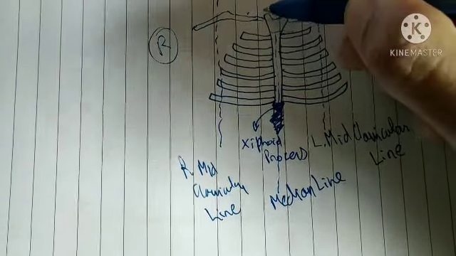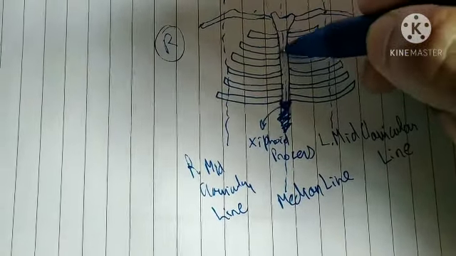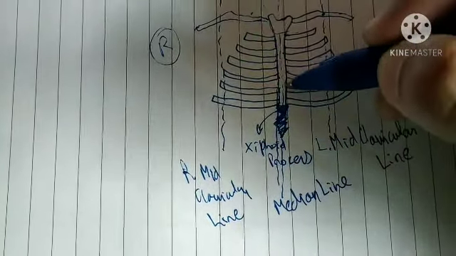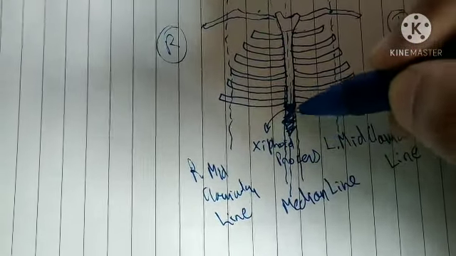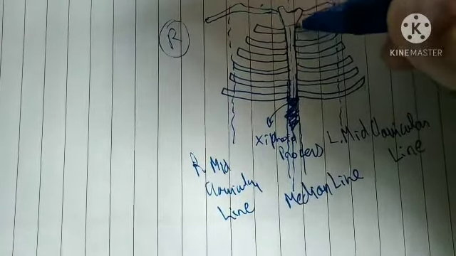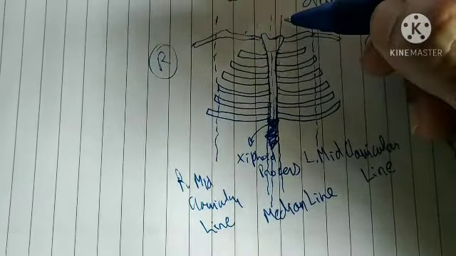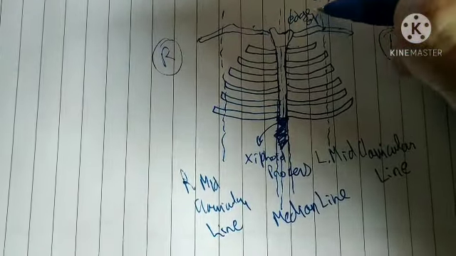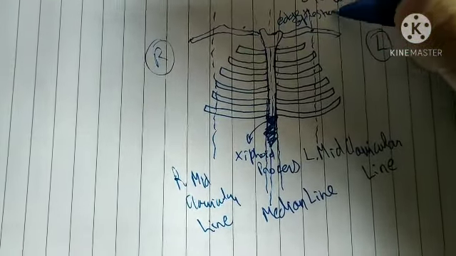Now you can see this is the sternum and this is the edge of the sternum. One line runs just touching the edge of the sternum; we call it the sternal line, or the edge of the sternum.